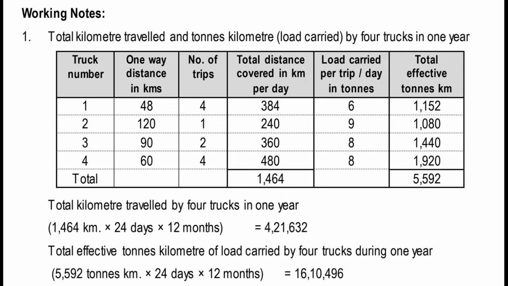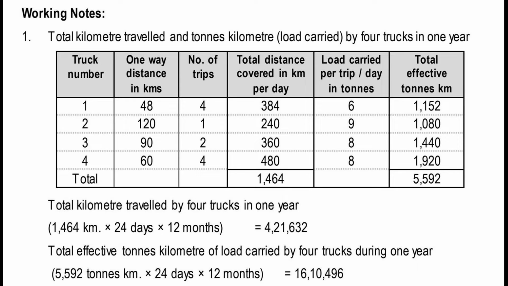Then tons are also given in the problem: 6, 9, 8 and 8. Now we have to multiply distance covered in kilometers per day into total tons. 384 into 6, 240 into 9, 360 into 8, 480 into 8, and update in the last column.